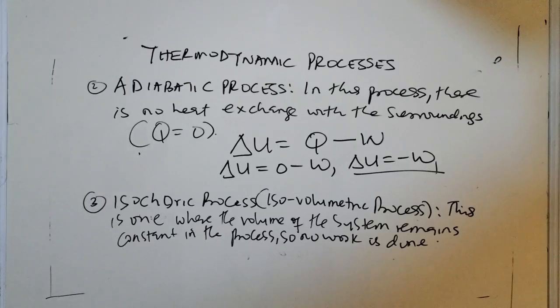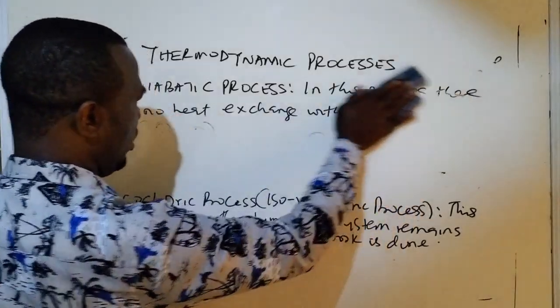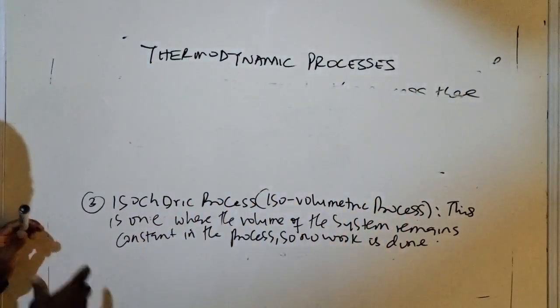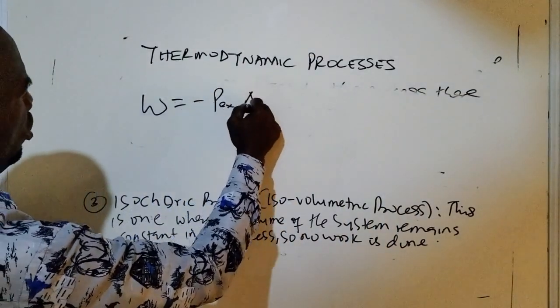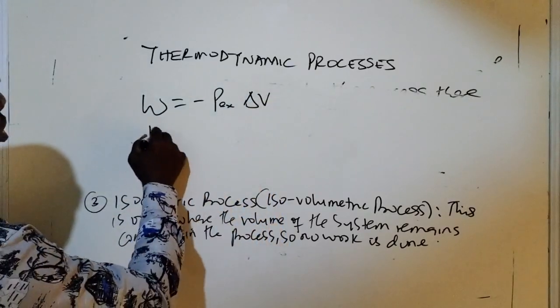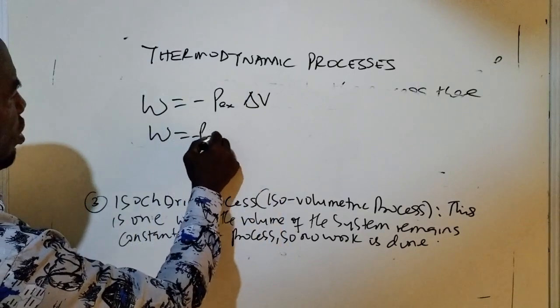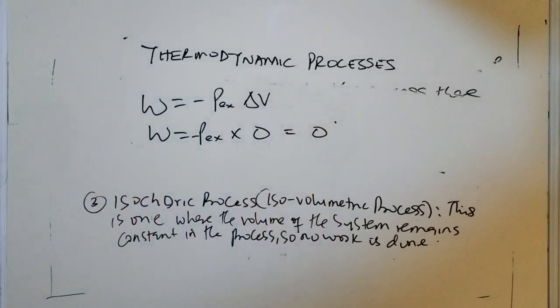So in an isochoric process, volume is constant, and in such a process, no work is done. Why did I say no work is done in an isochoric process? Because work is pressure times change in volume. So if the change in volume is 0, that means we now have pressure times 0, which becomes 0. So in an isochoric process, no work is done.